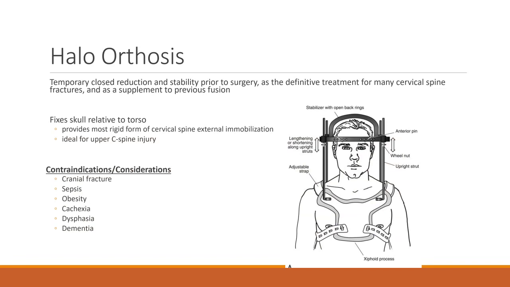It certainly provides the most rigid form of cervical spine external immobilization. However, it is not a benign procedure, and contraindications and considerations for patient selection should be evaluated prior to placement. Factors including cranial fractures, sepsis, obesity, cachexia, altered mental status, dysphagia, dementia, even advanced age have all been associated with a higher than potentially tolerable morbidity and mortality.